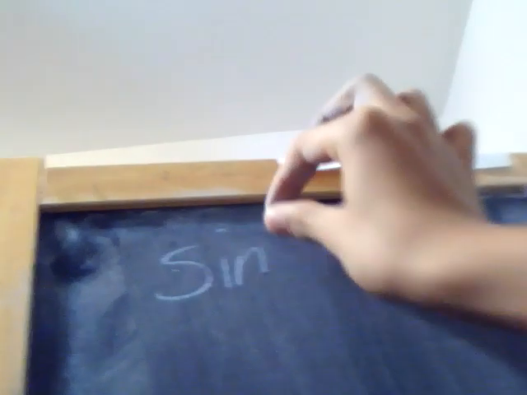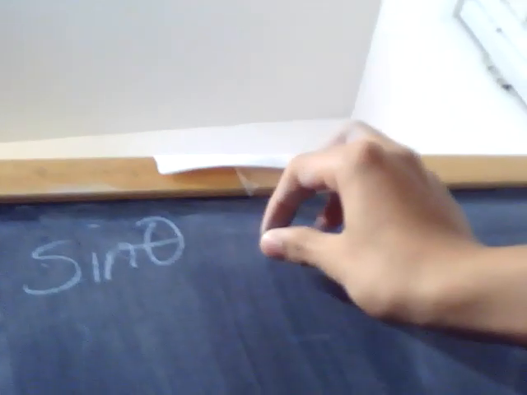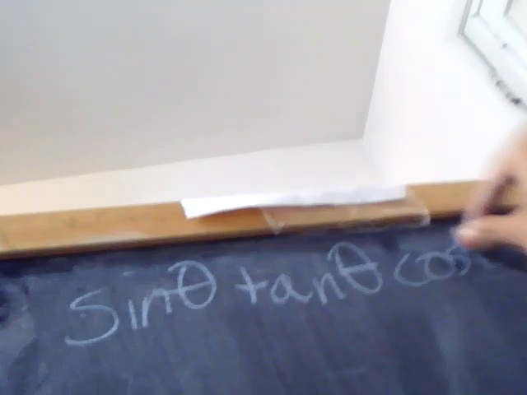Sine of theta, tan of theta, and cosine of theta. Tangent of theta. So we're multiplying all of them together. Now what does that get you? Sine of theta.